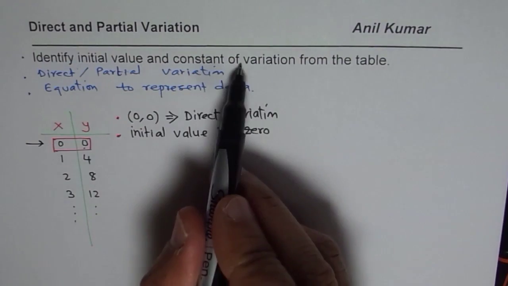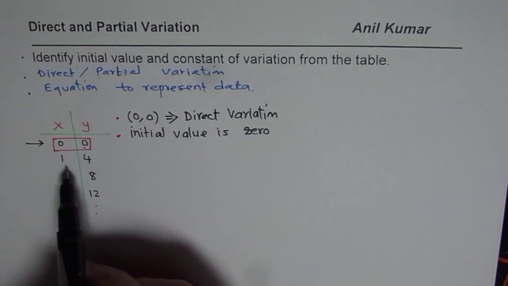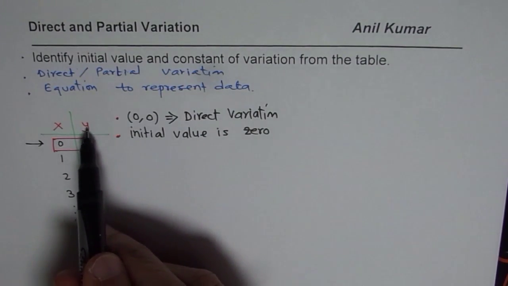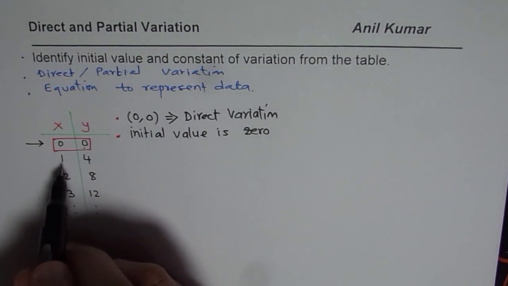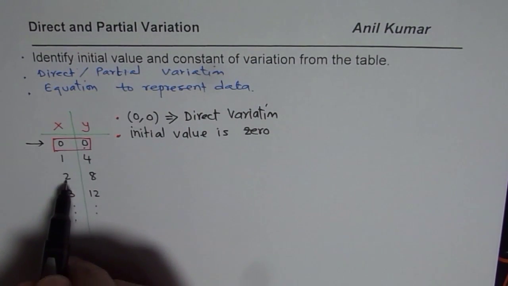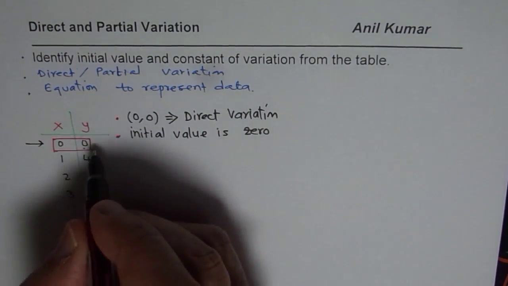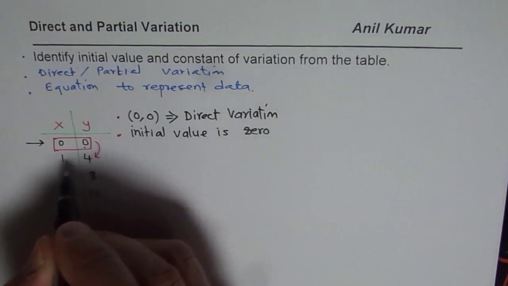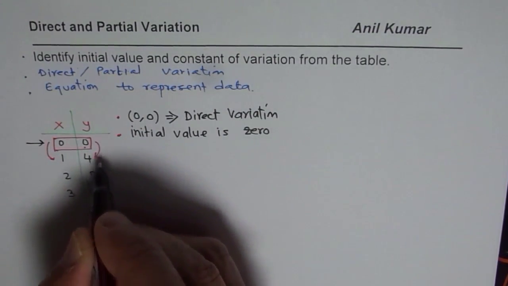What is the constant of variation? That is to say, as I move up by 1, by how many times does the y value increase, right? So what we find here is that the relation between the two is times 4. Do you see? 2 times 4 is 8, right? So as we move 1 unit for x, you go up by 4 in y.